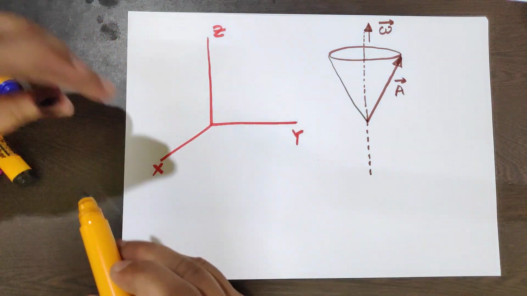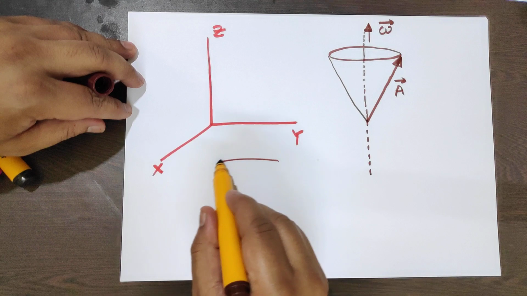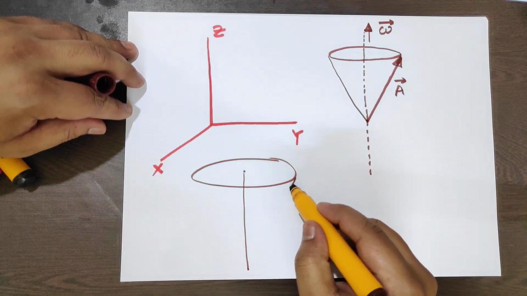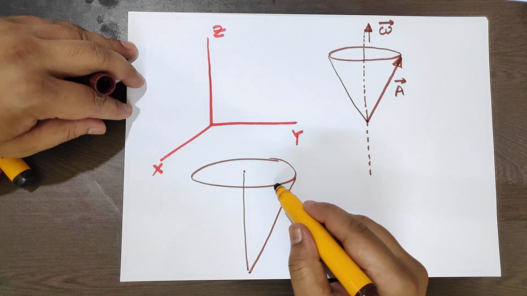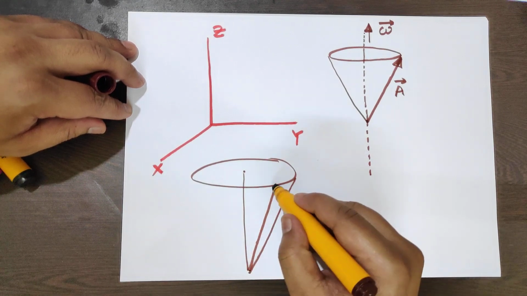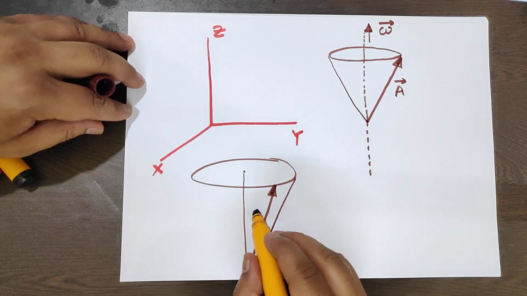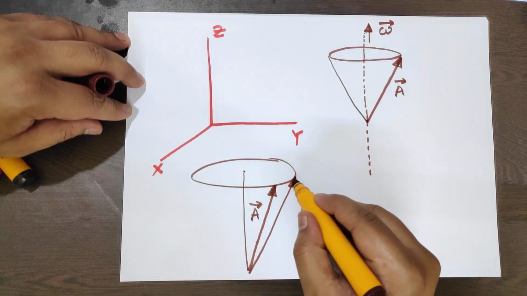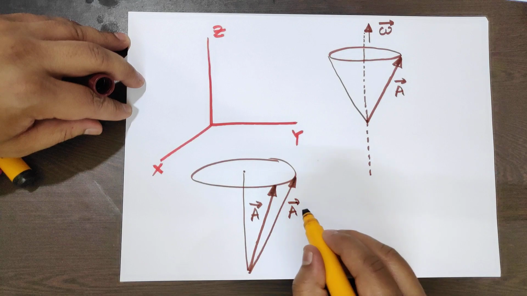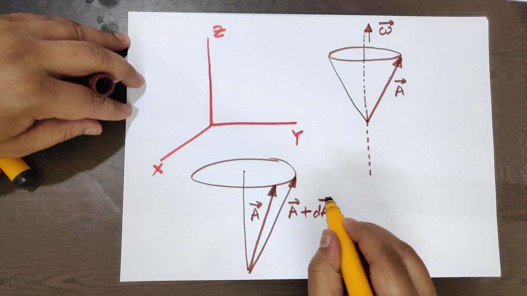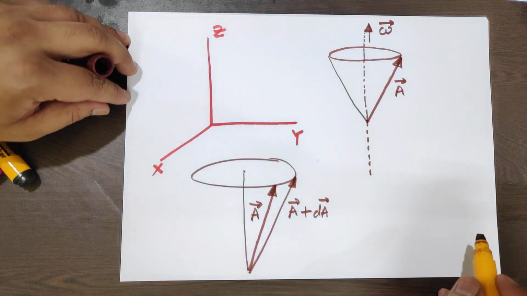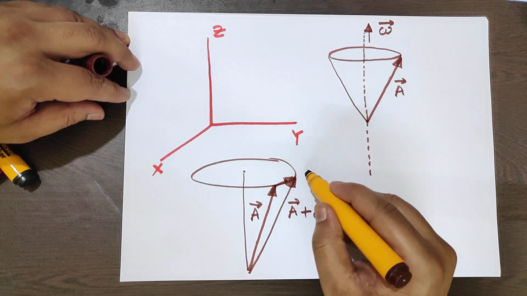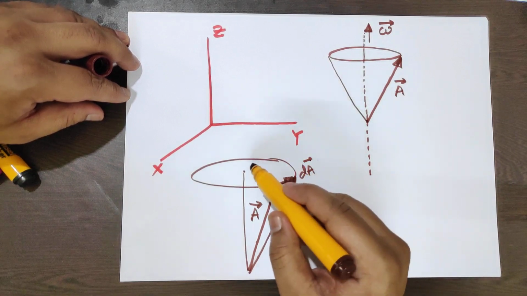So if I draw this diagram, see, here it is. At a certain instant t, this is the vector A. After a certain instant, with respect to the capital X, Y, Z frame, it will be A plus dA. So this is the change. The change is dA.